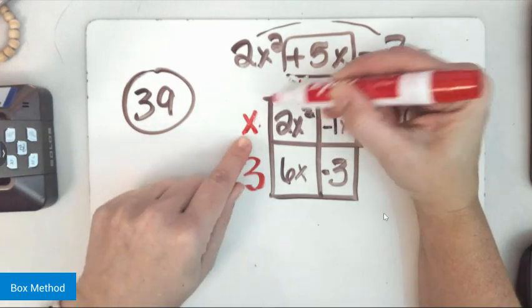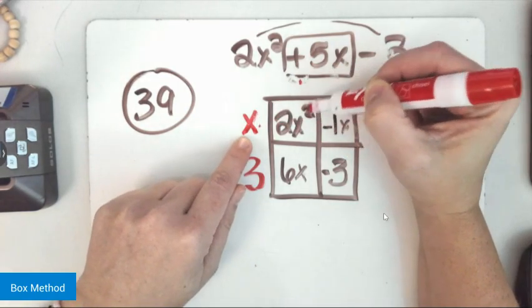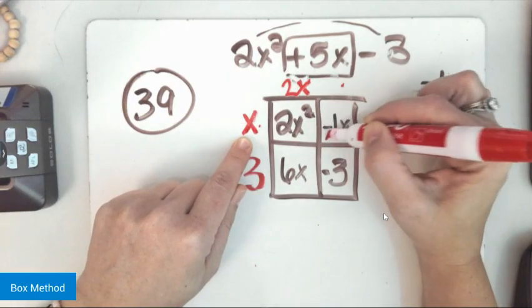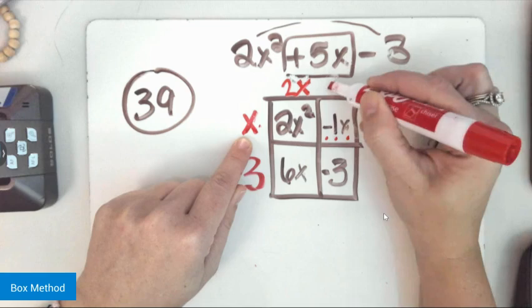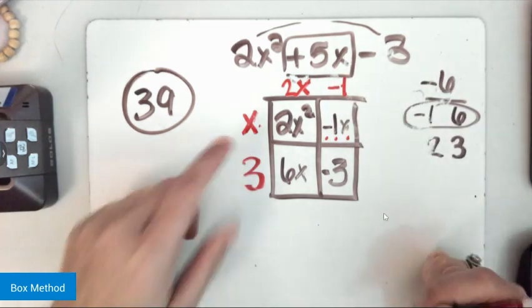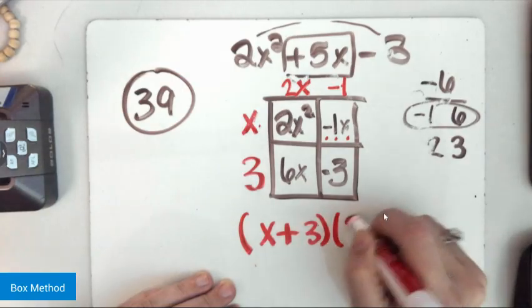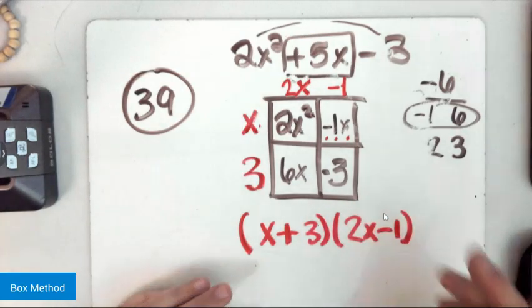So x times what gives me 2x squared? X times what gives me negative 1x? So your answer would be x plus 3, 2x minus 1.